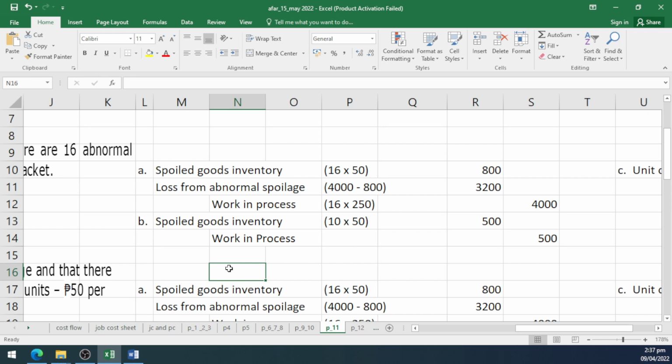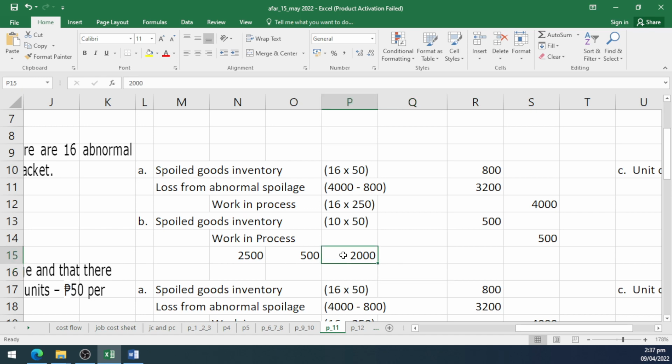Ito, tingnan nyo to class ha. Ang spoiled goods, normal, 10 units. Ang cost niyan talaga, 250 times 10, 2,500. Diba? 2,500. Ngayon, marirecover natin 500. Ang ating loss on normal spoilage, 2,000. But with our entry debiting spoiled goods inventory 500 and crediting only 500, yung 2,000 na iwan.